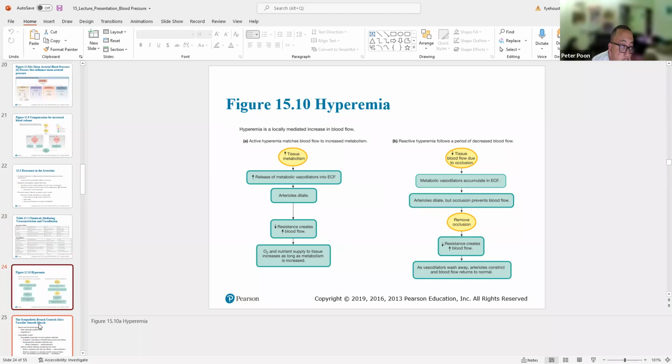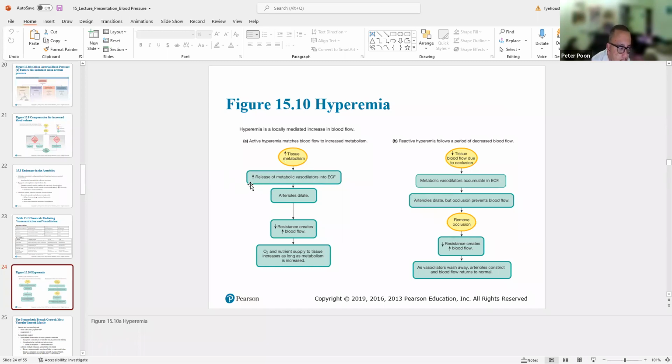Hyperemia is a localized mediated increase in blood flow. Hyperemia matches blood flow to increased metabolism. So if I start running, then I need more blood to match the oxygen demands in that area. So tissue metabolism goes up.